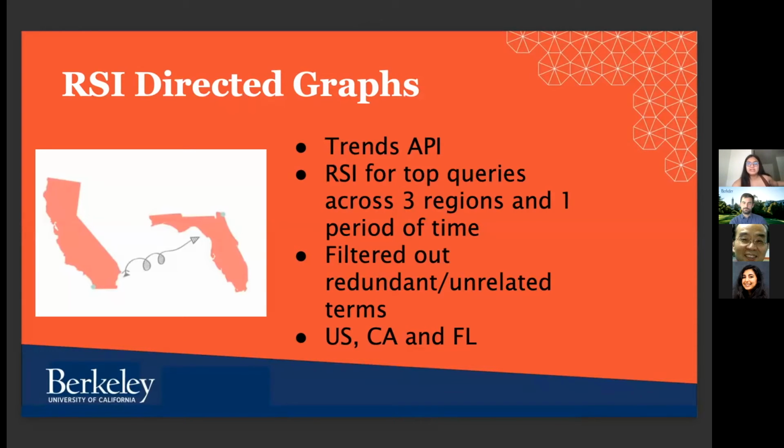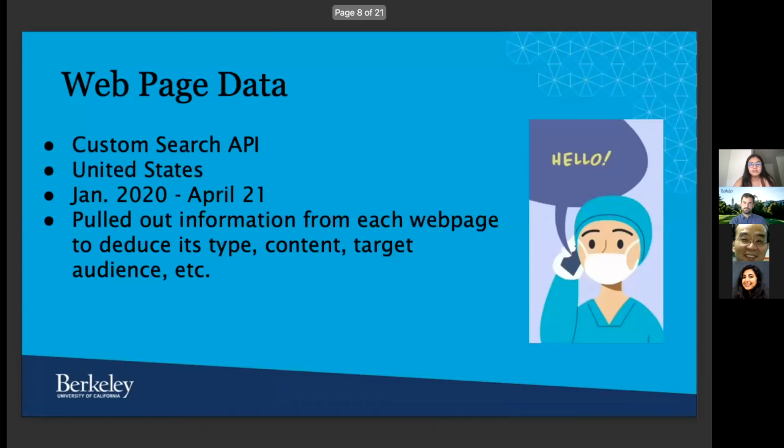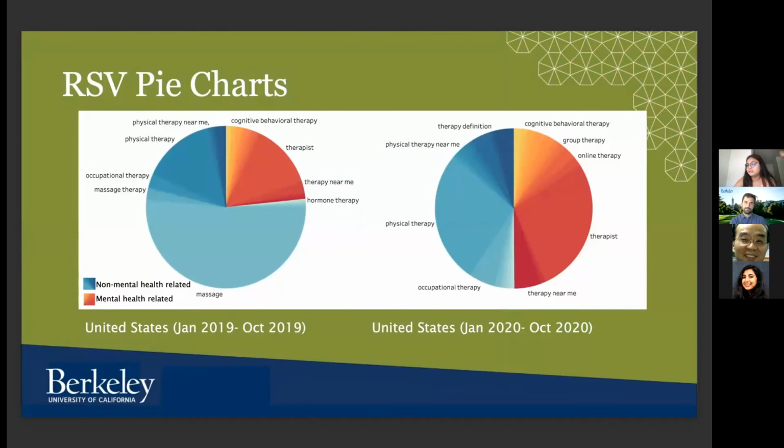And we cleaned the data, filtered out redundant or unrelated terms. And in terms of web page data, we used the custom search API specifically only for the United States. And this time period being from January 2020 to April 2021.